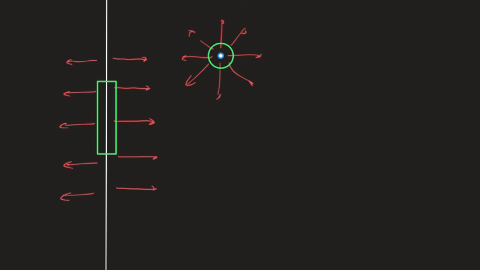So my Gaussian surface has radius R. This piece of the cylinder is being cut off from the rest of the cylinder by my Gaussian surface, and this piece has length h. This is a piece of the cylinder that's being cut off. It is inside my Gaussian surface here.